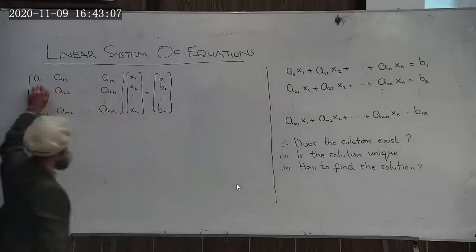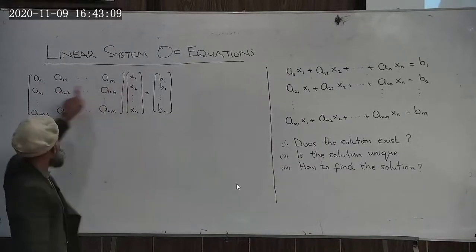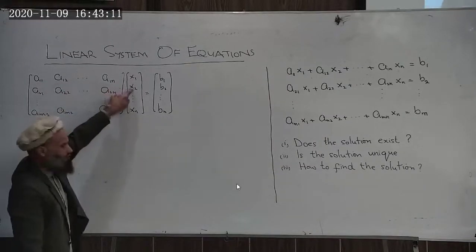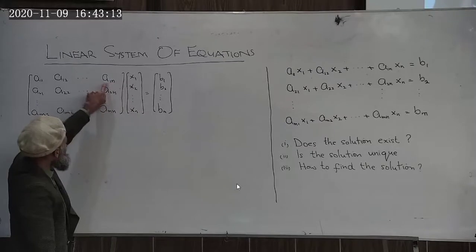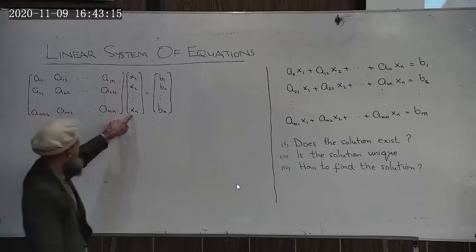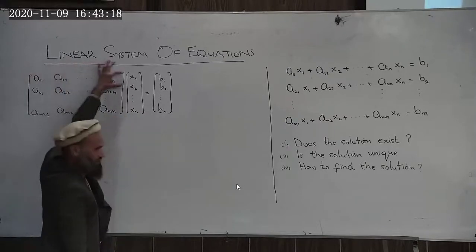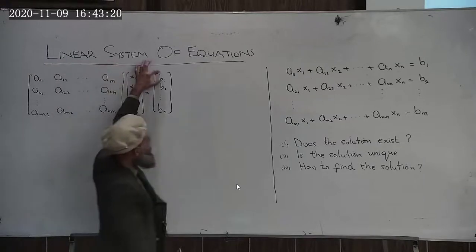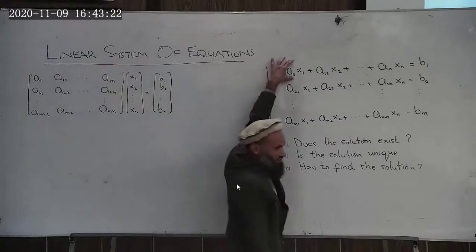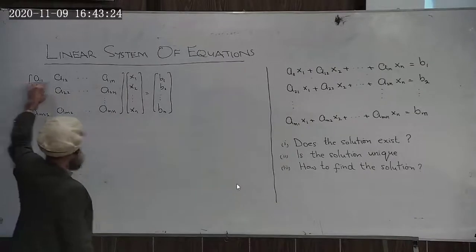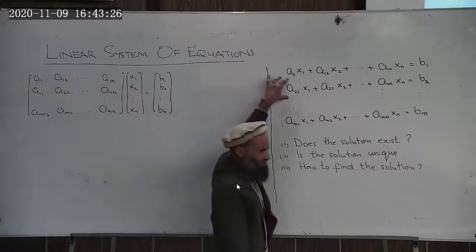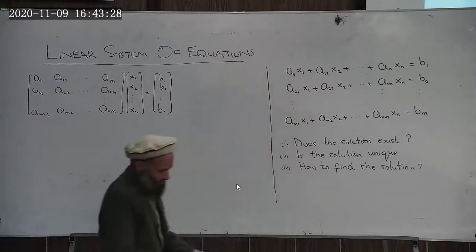That is a11 multiplied by x1 plus a12 multiplied by x2 up to a1n multiplied by xn. This becomes the first row, that is equal to b1. This is the first equation. Similarly, the second row determines the second equation, and so on.